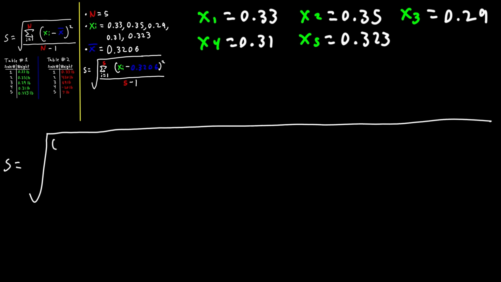So let's start with 0.33, or x of 1, minus 0.3206, or the average, squared plus 0.35 minus the same average, 0.3206, and so on.